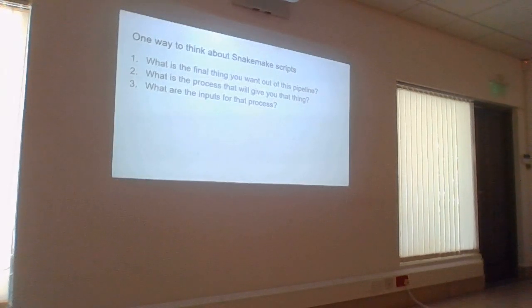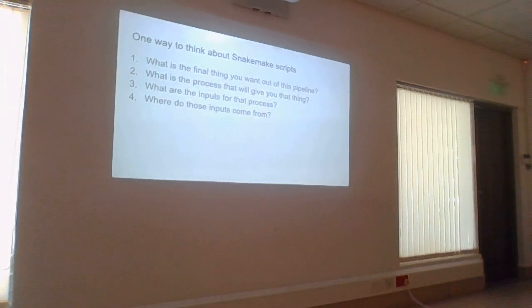You start with the last thing that you want, the genome assembly, then you say, how do I get that genome assembly? Well, with a genome assembler. Okay, so what are the inputs for that process? Maybe trimmed reads, nice reads with all the errors taken out. So trimmed reads are the inputs for that process.